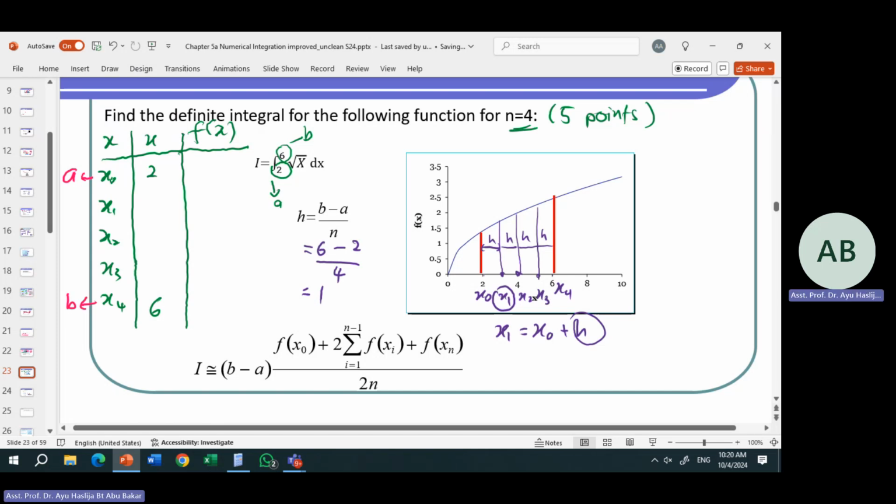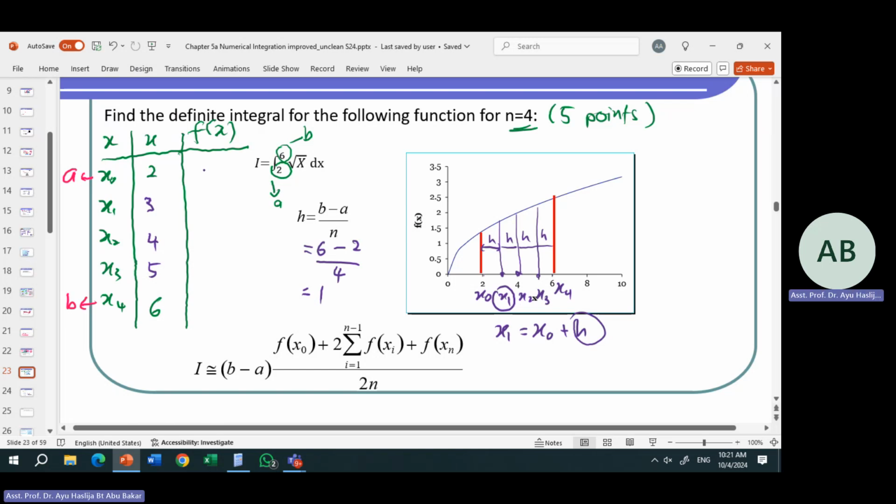Correct. Yes. So X naught is 2. X1, 2 plus 1 is 3. So X2, 3 plus 1, 4, 5. Okay, that's how you get your point. Once you get your point, you need to find your fx.